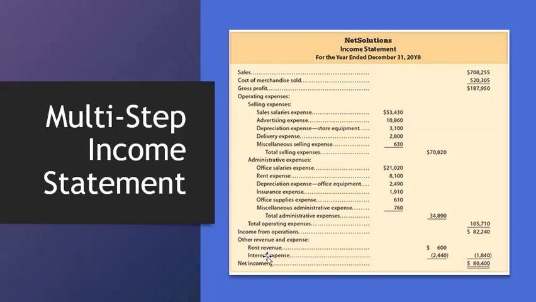And then we can deduct our non-operating expenses, or if there's any revenue, add that back, taxes, that type of thing. But what this does is it gives us some subtotals that can be useful from a financial statement analysis perspective, which we're going to learn a little bit more about later on in the course.